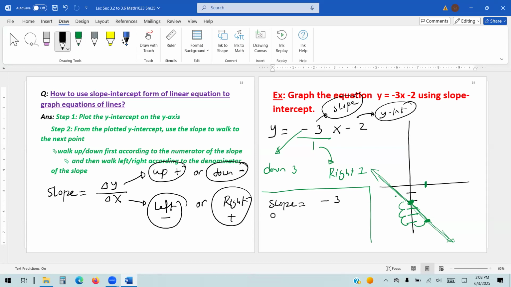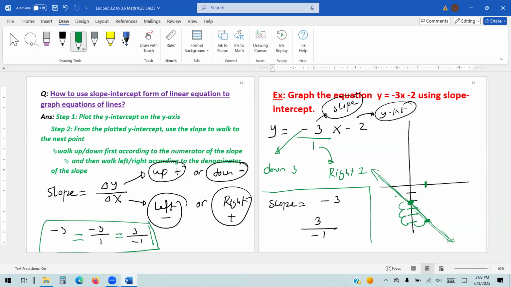But let's say you don't want to do that. You want to say, well, I want my slope to be 3 on the top and -1 on the bottom. -3/1, -3/1, and 3/-1, they all are the same thing.